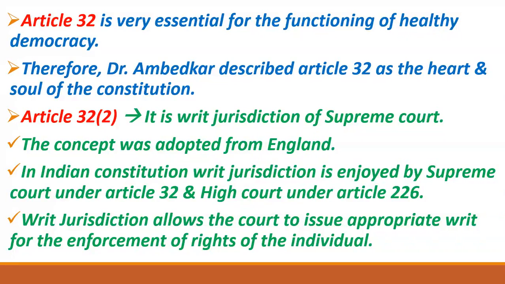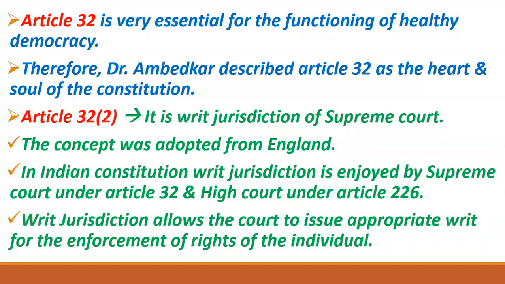Now friends, what is Article 32 Clause 2? Article 32 Clause 2 is the writ jurisdiction of the Supreme Court. Now what is the meaning of writ? Writ means any customized order. Now what is a customized order? Customized order means an order with some special effect.